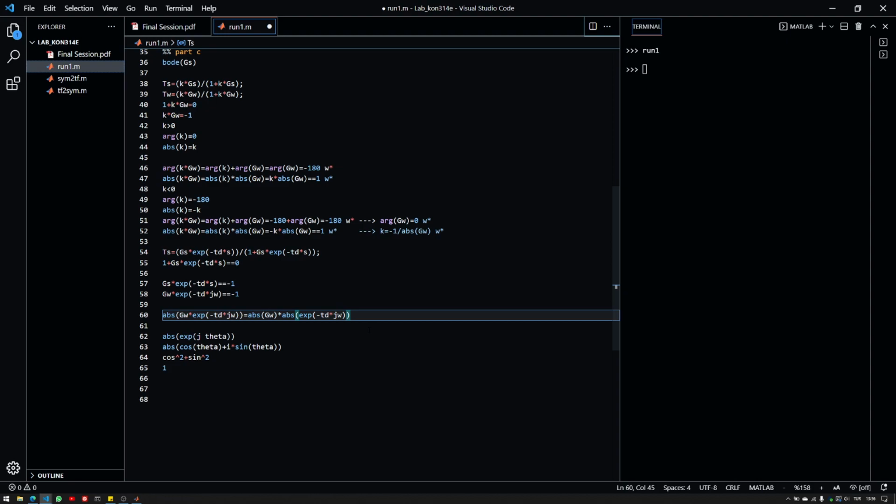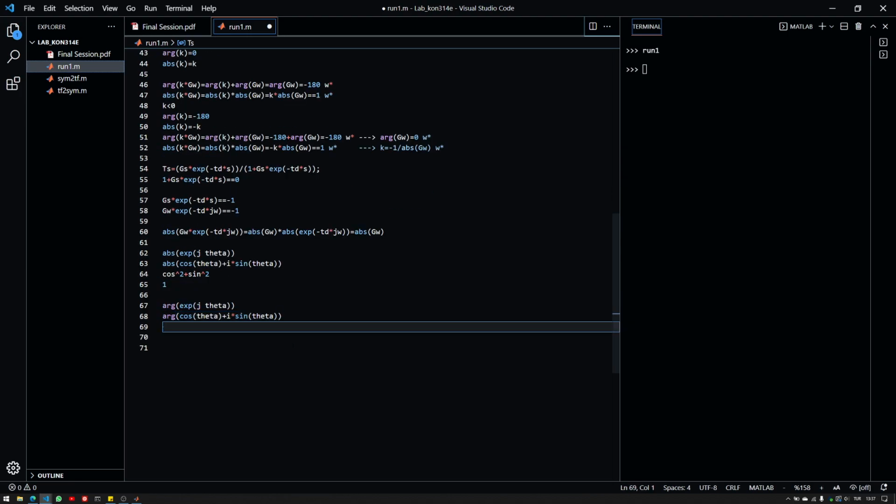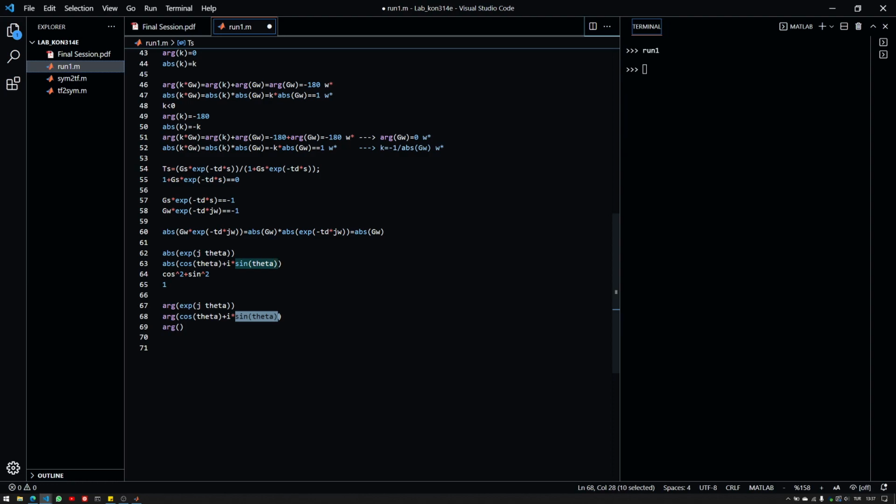So therefore I know that the gain here should be, or the absolute value should be equal to the absolute value of g omega. Now, if we look for the argument, something similar happens here. The argument of this, instead of looking for that, I might go ahead and use the argument of this, and we can see that the argument of the imaginary part divided by the real part, which is basically this here.